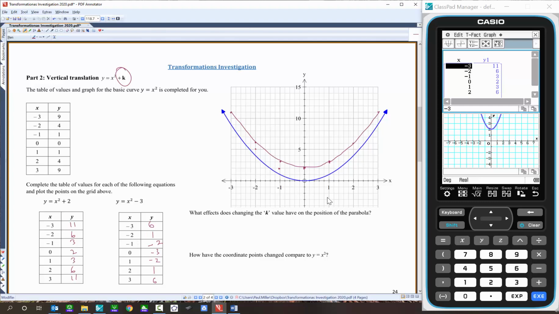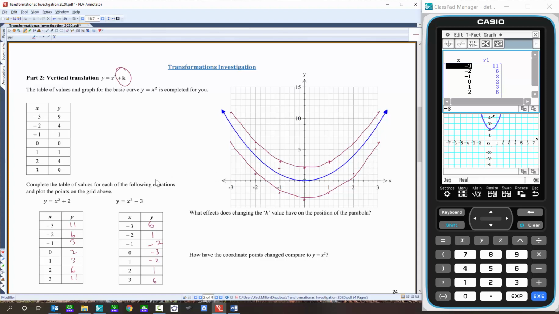So we've got 0, negative 3, negative 1, negative 2, 2, 1, and negative 3, 6. All right, round we go.